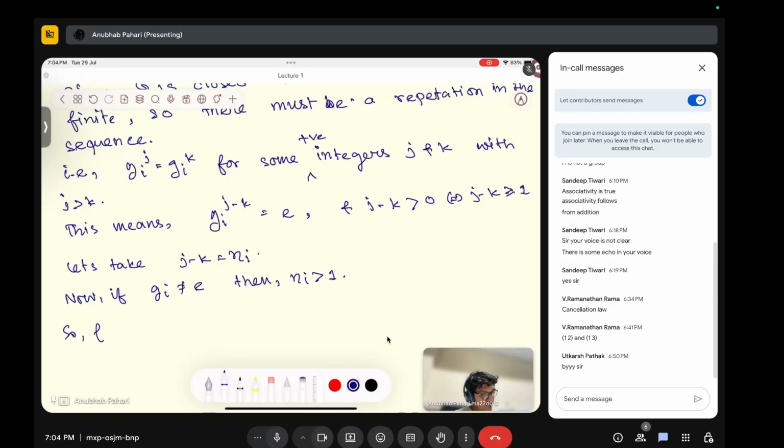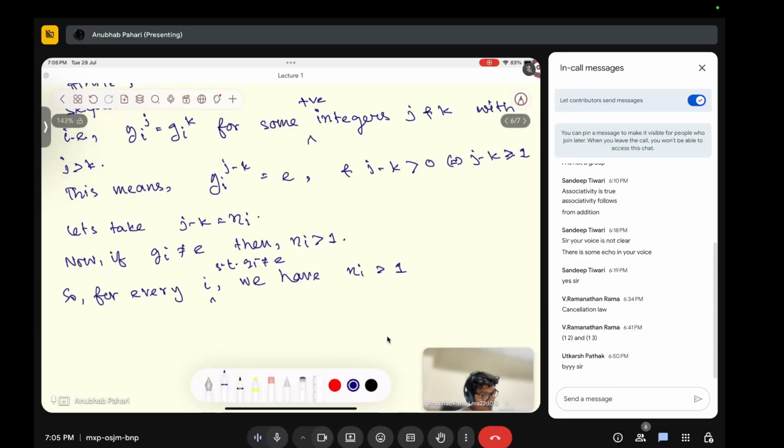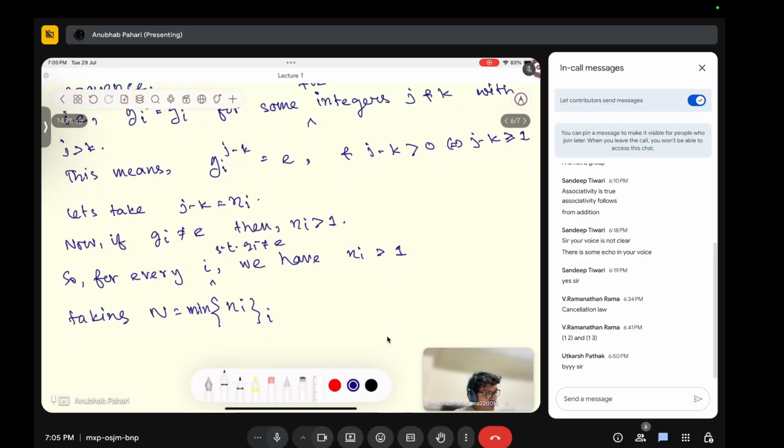So for every i such that gi is not equal to e, we have ni greater than or equal to 1. So, taking n to be the max of the ni, we are done, right?